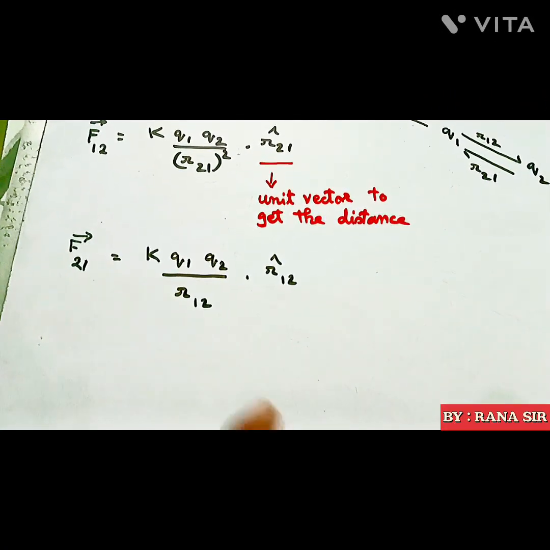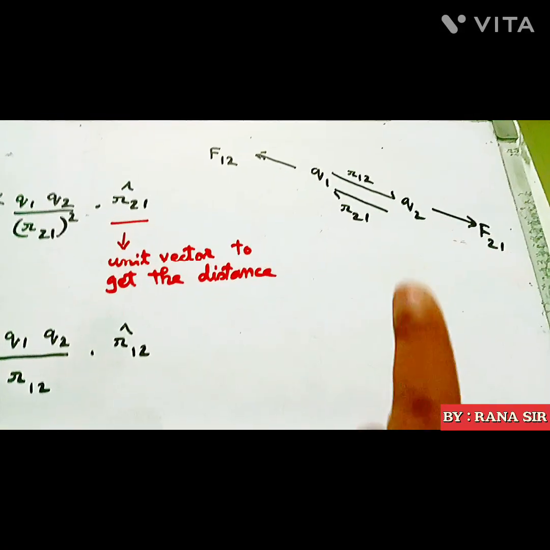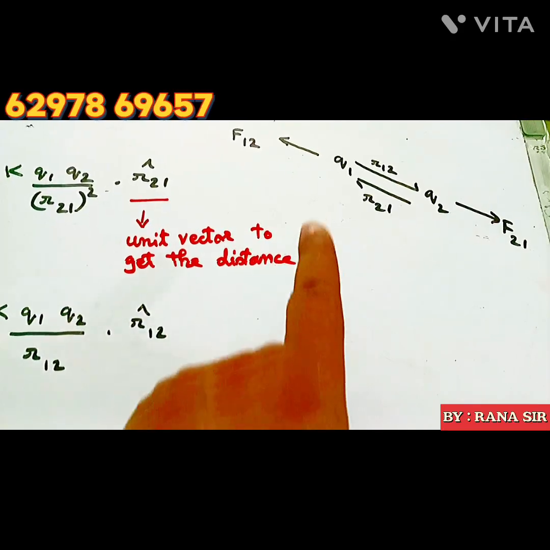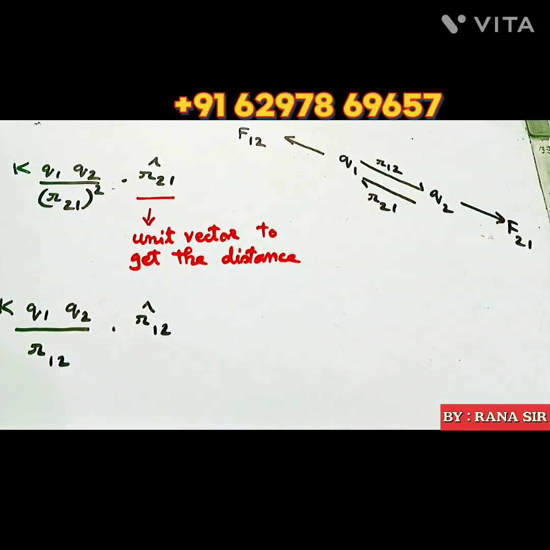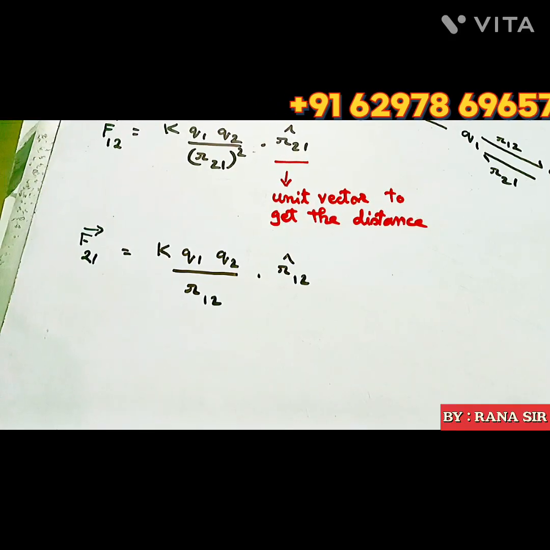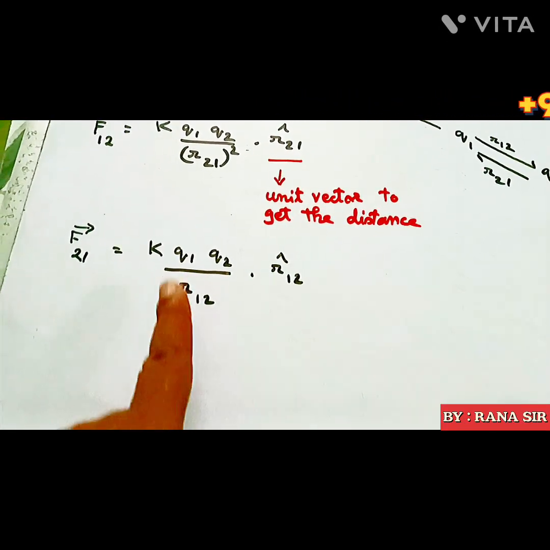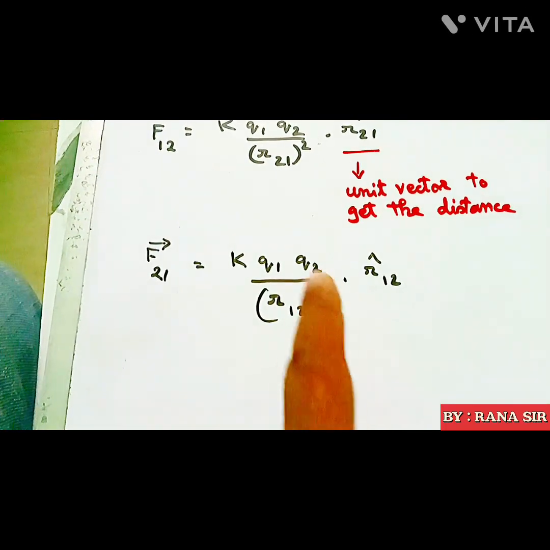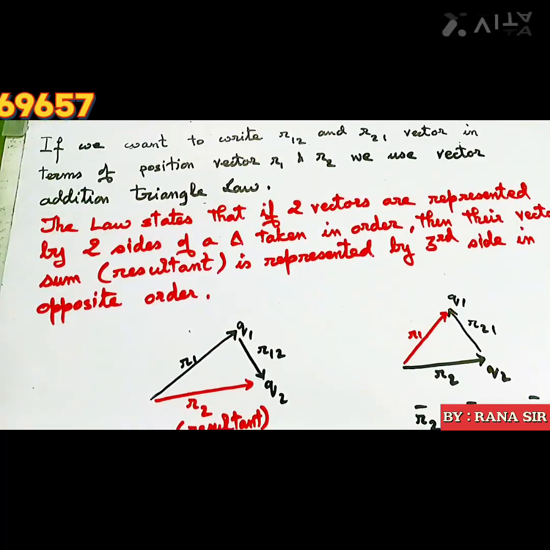Similarly, for force F21, the force is going this way. So F21 is K Q1 Q2 divided by R12 square into the unit vector. That is the direction.